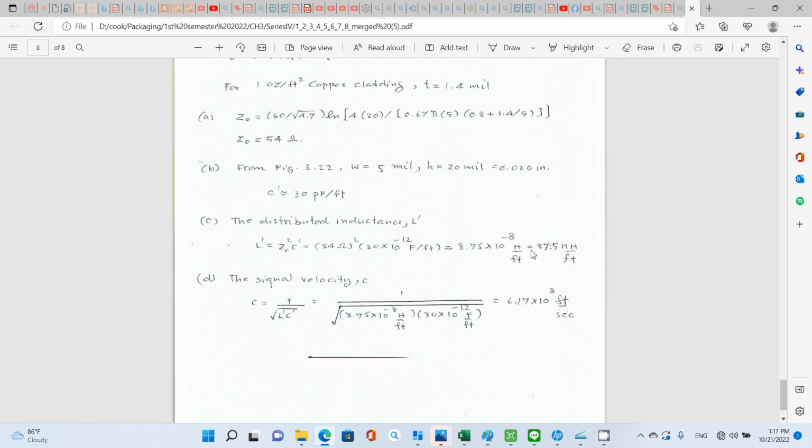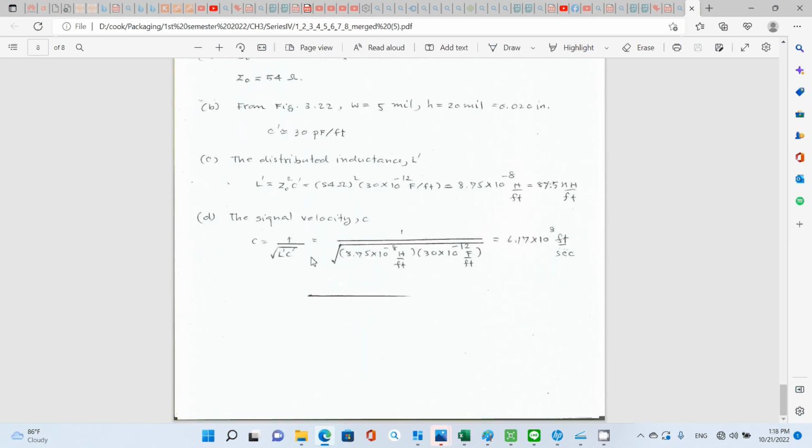So you have L prime, distributed inductance, 87.5 nanohenry per feet. And this is your signal velocity, c equal to 1 over the square root of L prime C prime. We have c equal to 6.17 times 10 to the 8th feet per second.